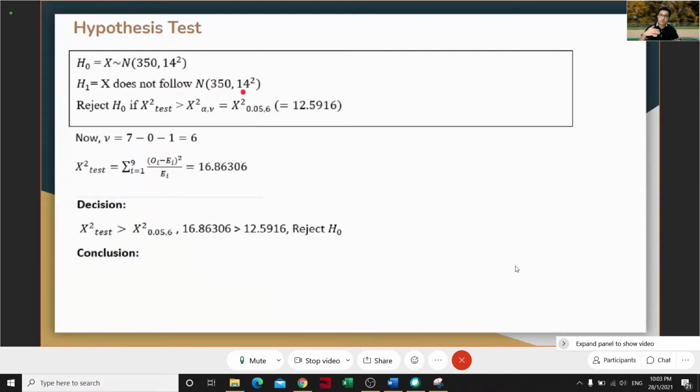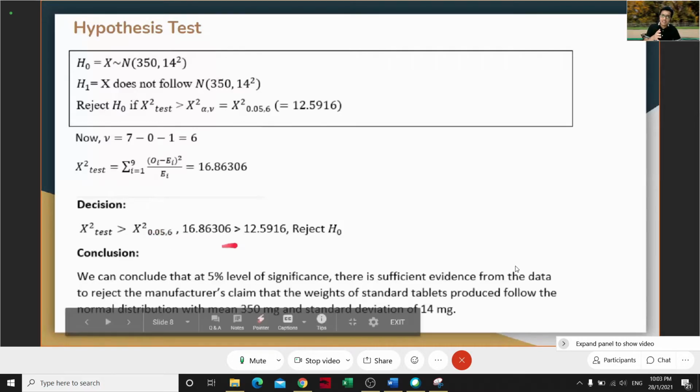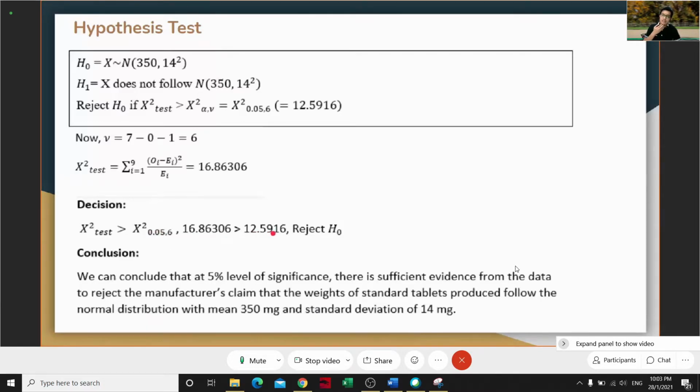From this hypothesis test, we have come to a decision that the chi-square test value exceeds the critical value. That means the conclusion we can make at the 5% level of significance is that there is sufficient evidence from the data to reject the manufacturer's claim that the weights follow the normal distribution.